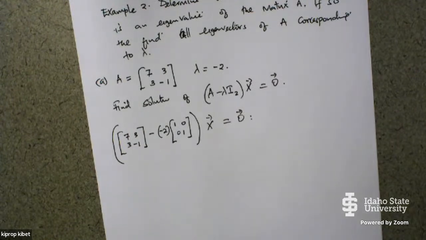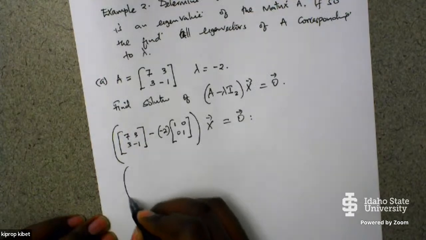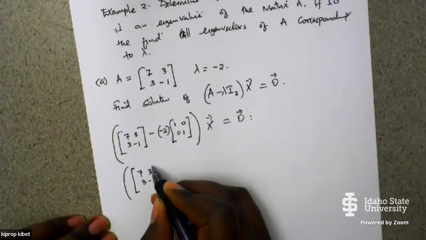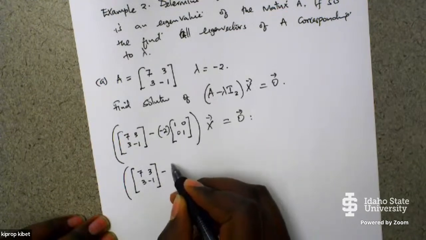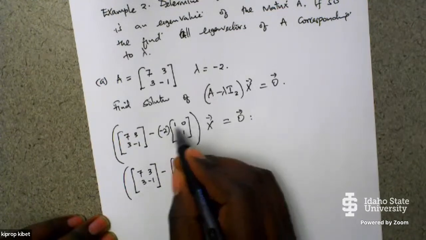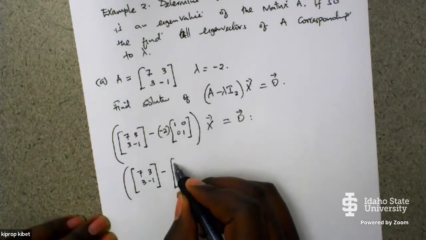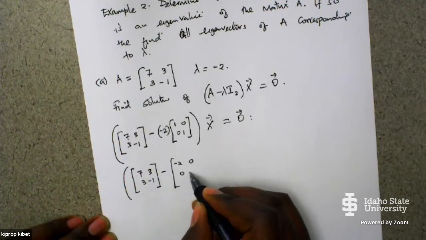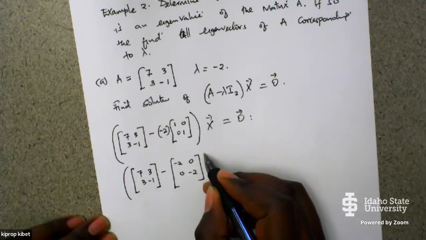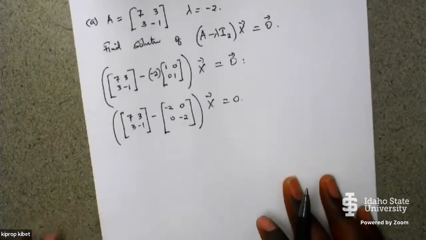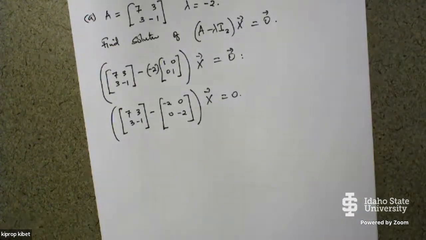Then this will give us 7, 3, 3, minus 1, and then minus, you open these brackets and distribute the value of minus 2 inside. So you get minus 2, 0, 0, and minus 2, times x equals 0.